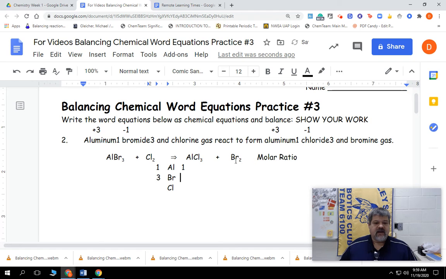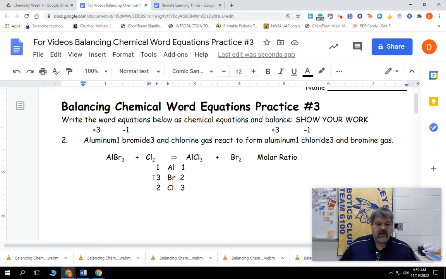And then over on this side, I look at the bromines, I have 2. Ooh, interesting. I go to the chlorine. On this side, I have 2 chlorines. On this side, I have 3. So my aluminum is good, so I have to change this.